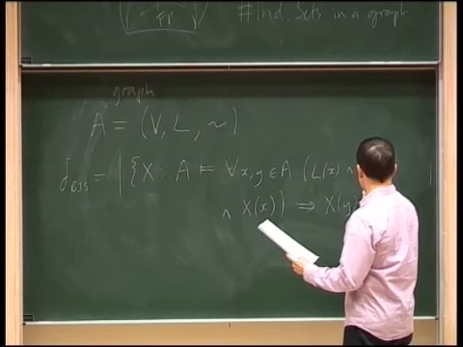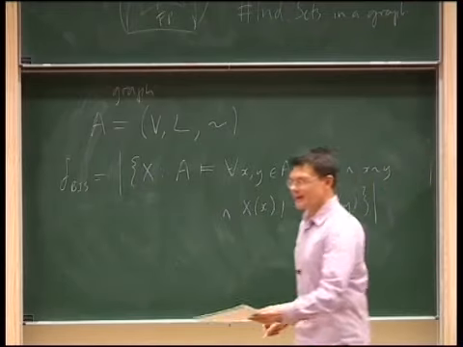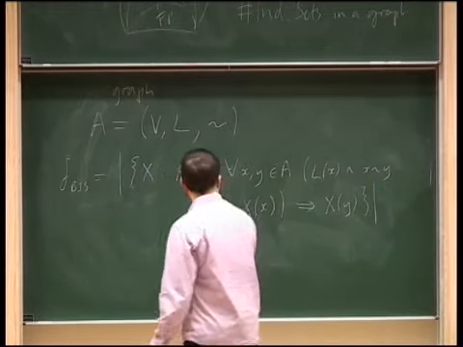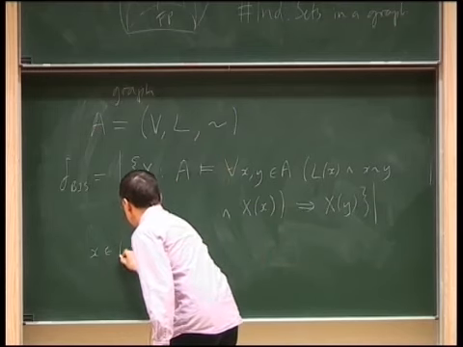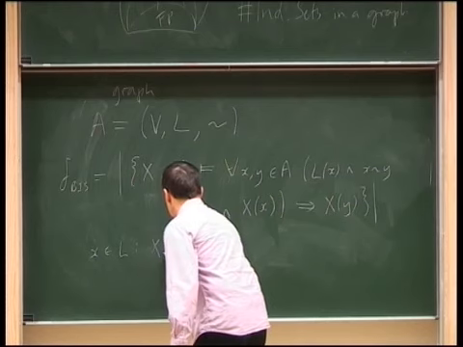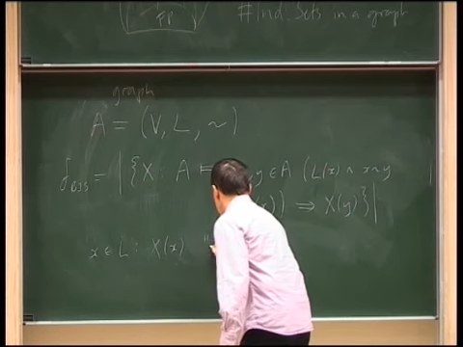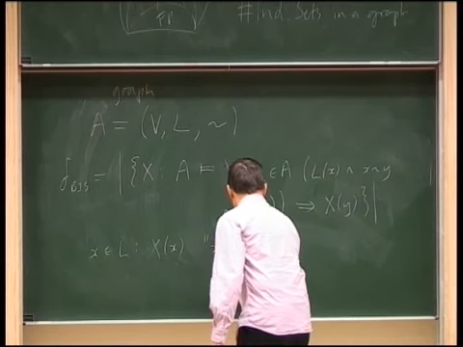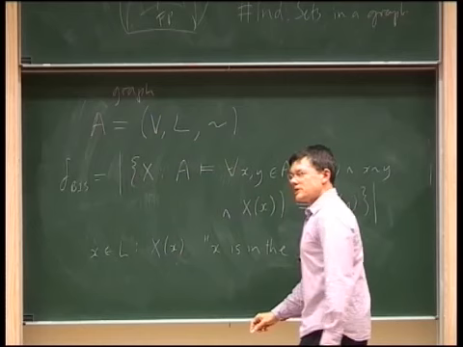Now that looks a bit strange actually, because there's a different interpretation of X on two sides. So I have to now reveal that if x is on the left, then this predicate stands for x is in the independent set. This is why you need it to be bipartite.